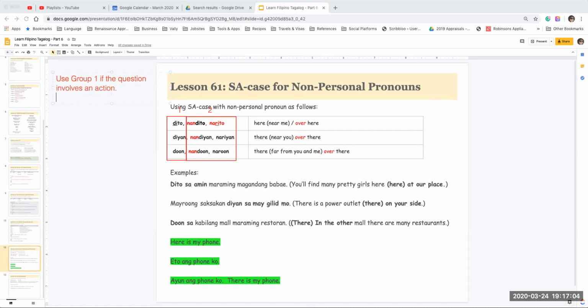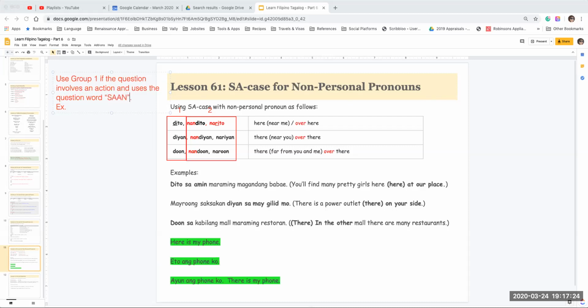So for example, if the question also involves an action and uses the question word saan.